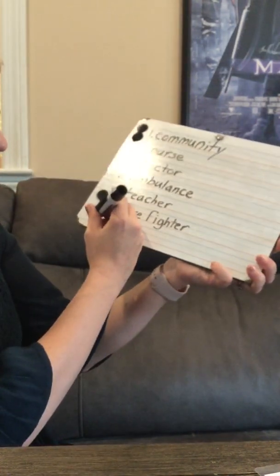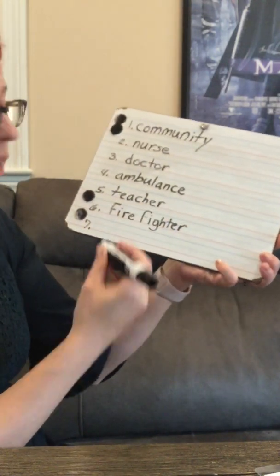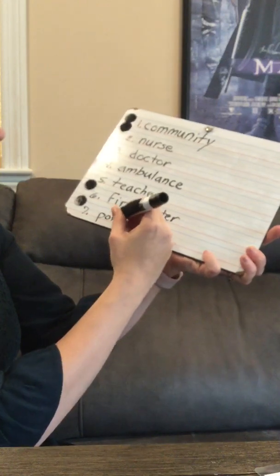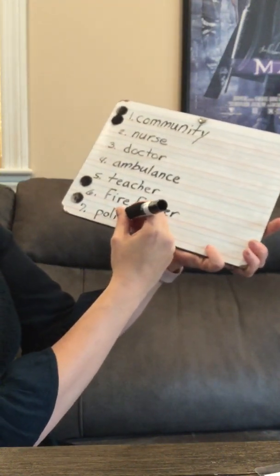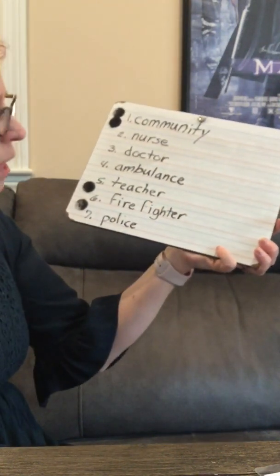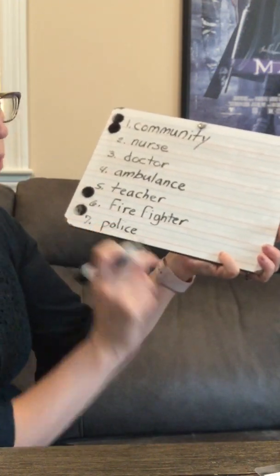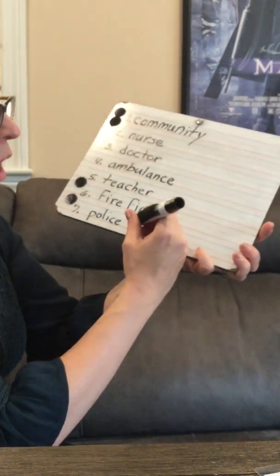Okay? Number 7. We're going to do a police officer. So P, O, L, I, C, E. Wouldn't that be an S? No, for some reason they made it C. So this is one that you have to memorize. Police and then officer.